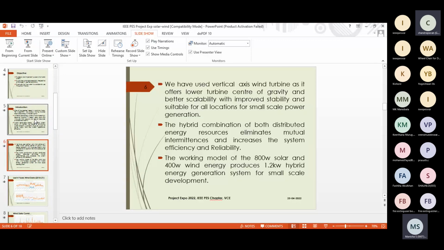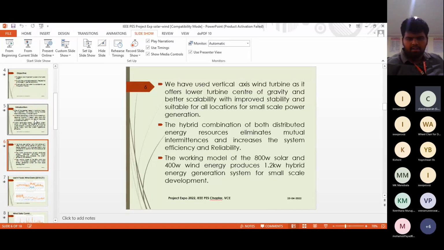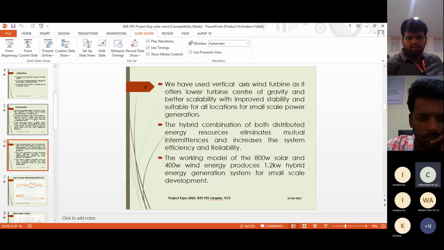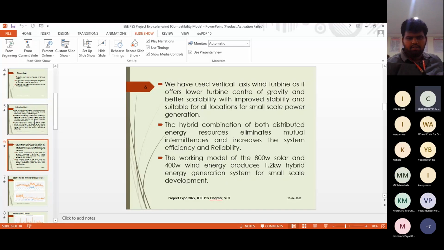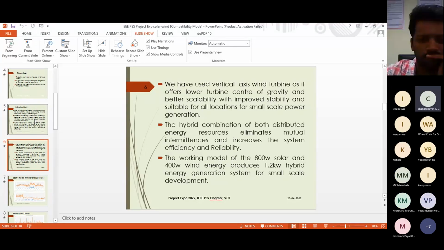It also offers a low turbine center of gravity and better scalability with improved stability. We have chosen the vertical axis wind turbine, which is of savonius shell type, and the hybrid combination of both energies eliminates some mutual intermittence.